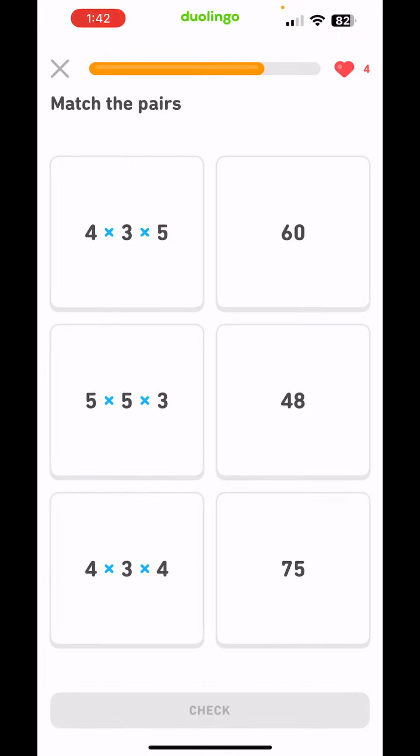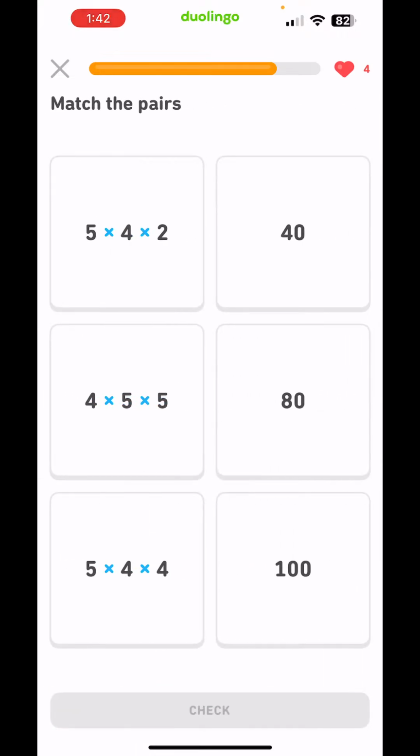I'm going to come back to that one. Let's see. We have 5 times 5 is 25. 25 times 3 is 75. I believe this one for 12 times 5, it's 60, but let me double check. Yeah, 60. Okay, so then 4 times 3 is 12. 12 times 4 is 48.